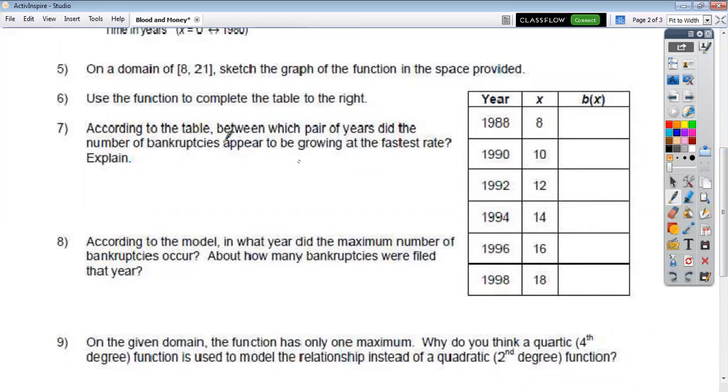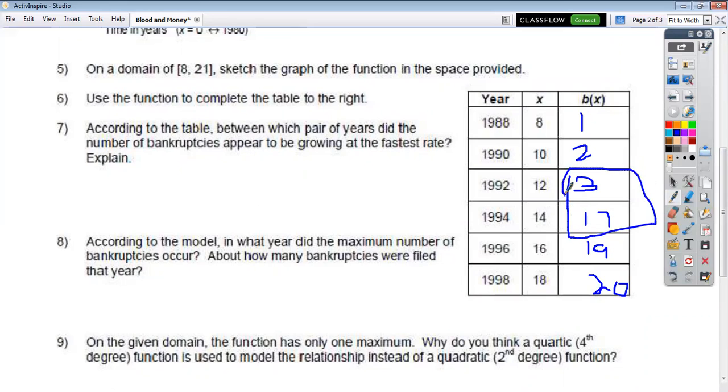Now, when it says, according to the table, between which pair of years did the number of bankruptcies appear to be growing at the fastest rate? Well, if this is, say, 1, and this is 2, and this is 3, and this is, say, 17, and this is, say, 19, and this is 20, you can see that the biggest jump is here.